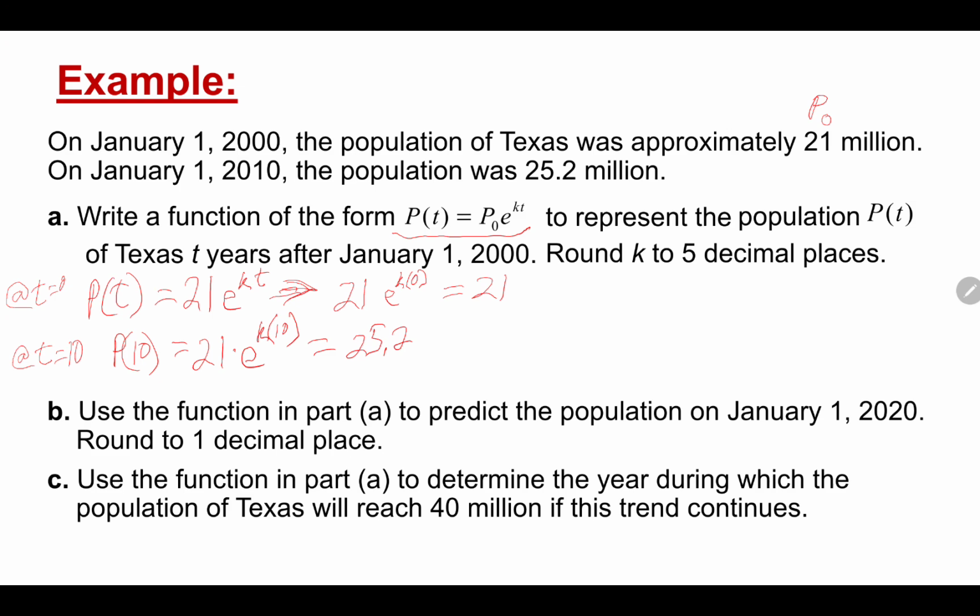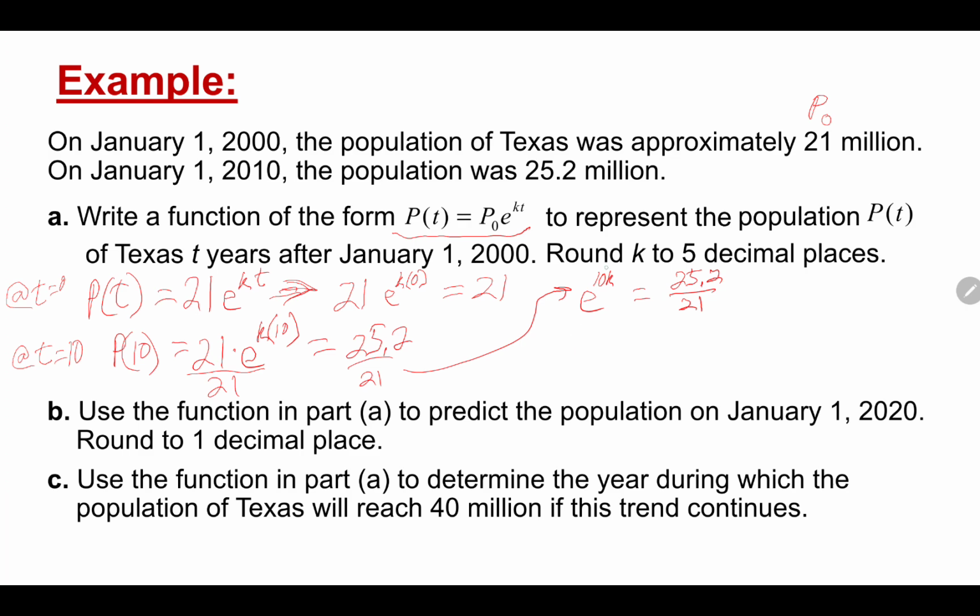If we know that, we can solve for k. So let's do some solving. First, I'm going to divide by 21. Divide this side by 21. So I have e to the 10k is equal to 25.2 divided by 21.